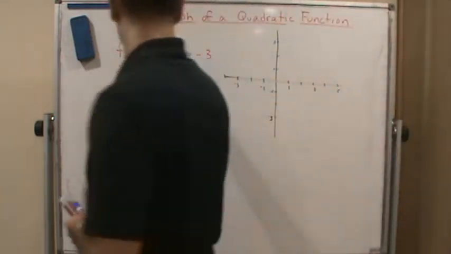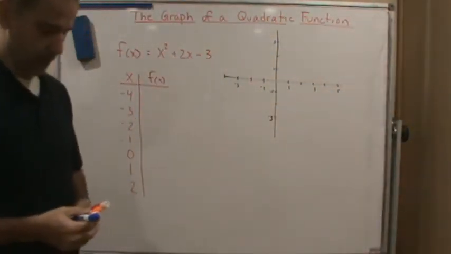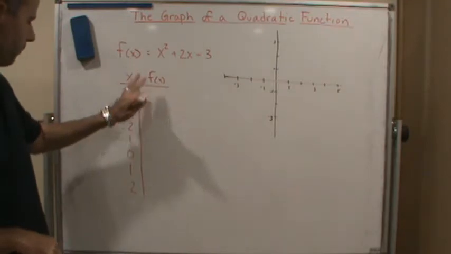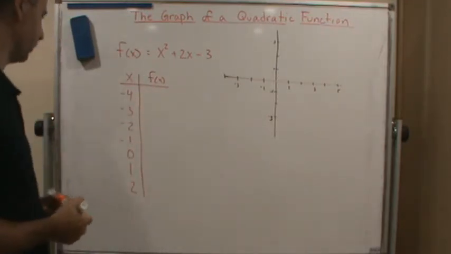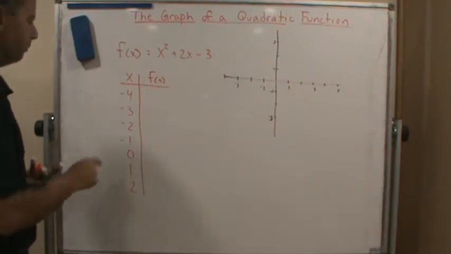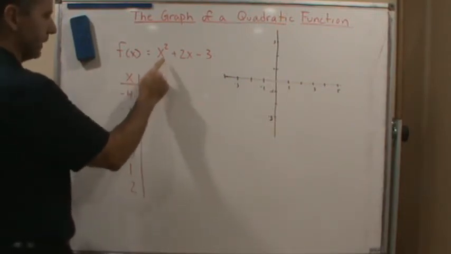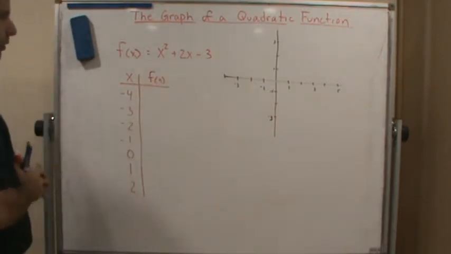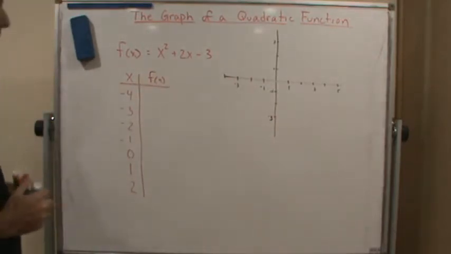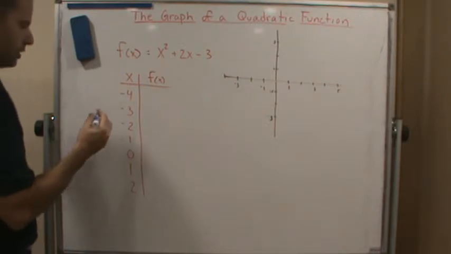So let's start with this quadratic equation and plot some points to see what this thing looks like. If we put in -4, we get 16 minus 8 minus 3. So we get 16 minus 11, which gives us 5.